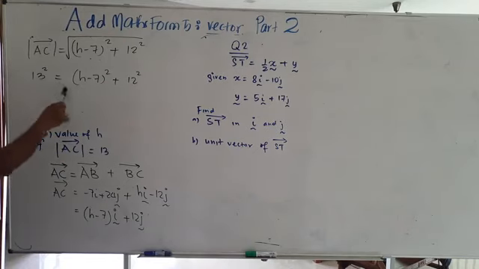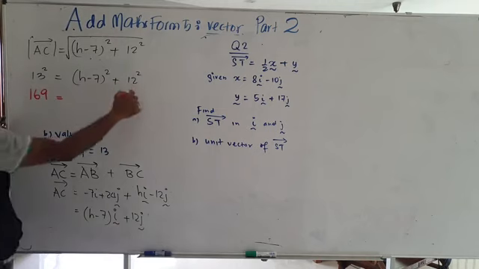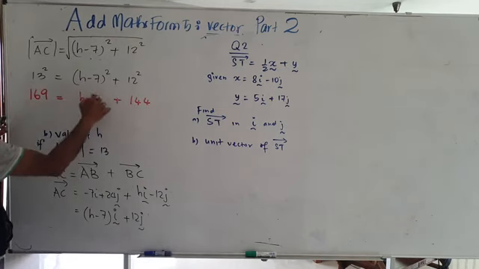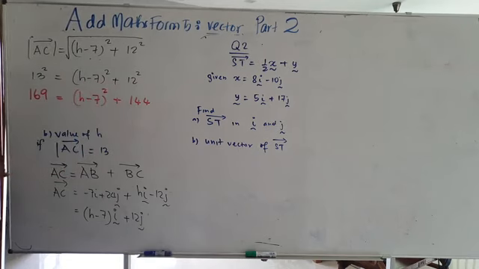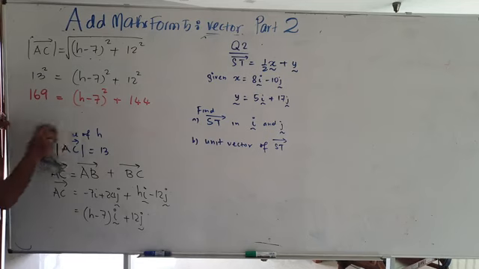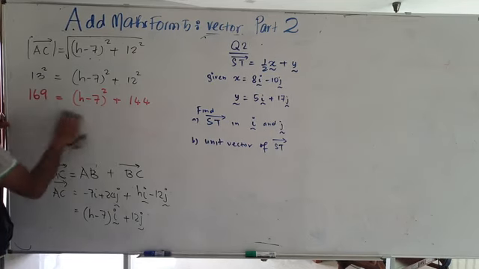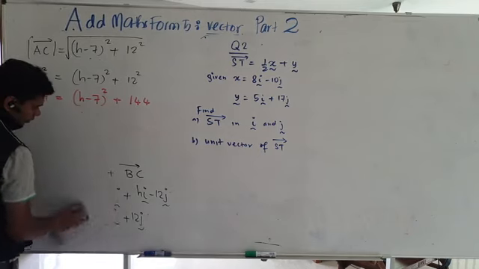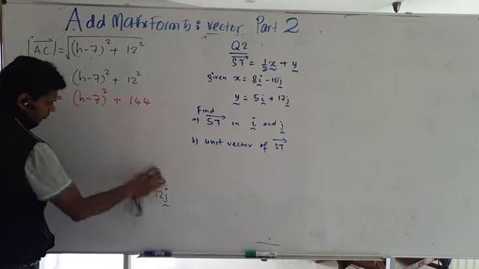Now this is 169, this is 144. Don't do anything to this first, leave it. Good. Bring 144 over this side, minus. What are you going to get? 169 minus 144. So you'll get 25.